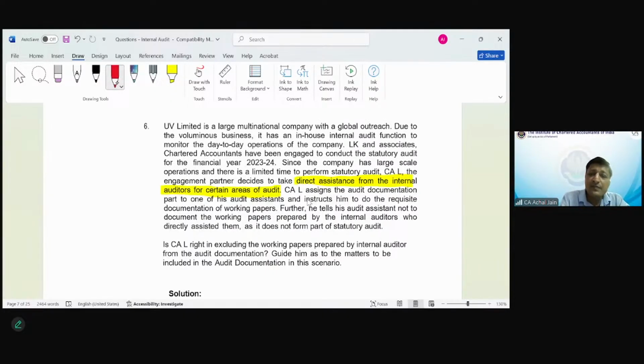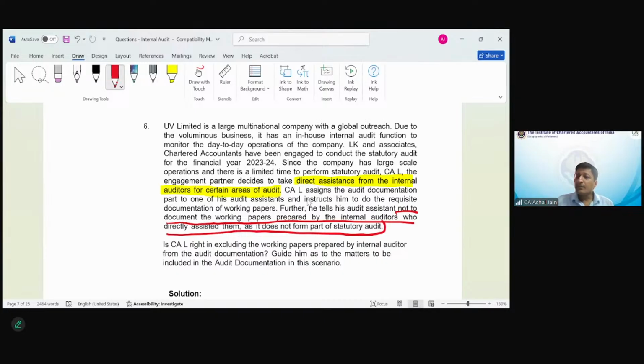Okay, now this part is very, very important. Is the engagement partner right in excluding the working papers? Number one. Guide him as to the matters to be included in audit documentation in this scenario. Over to you.